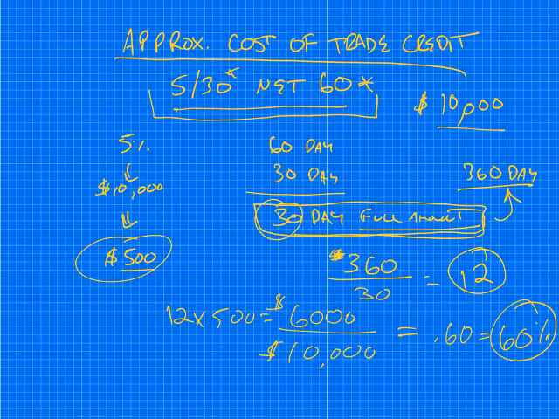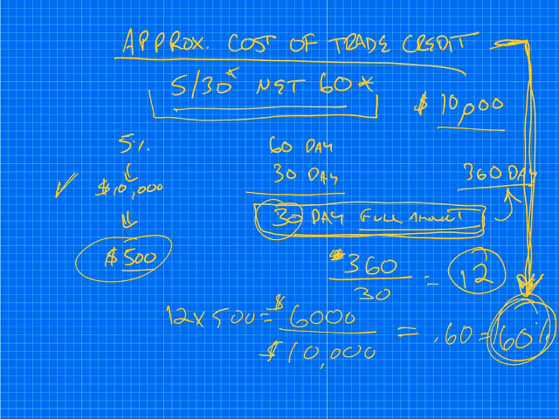So the approximate cost of annualized trade credit in percentage format looks like this. Think about it a couple ways: this could be a single purchase of a machine, or you could be doing this over a period of years. Now, let me show you the easy way to calculate this 60%.